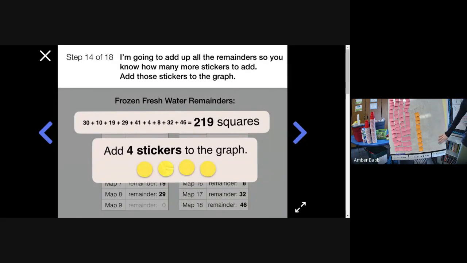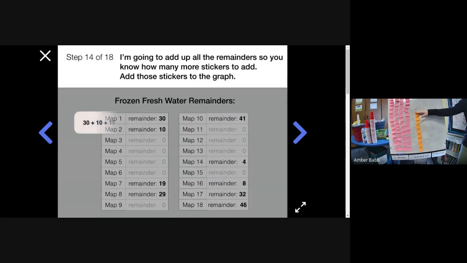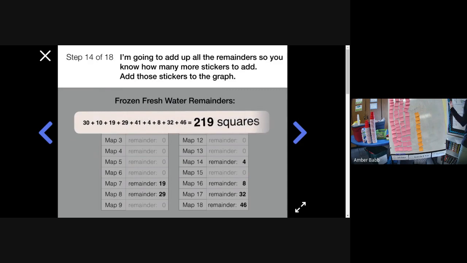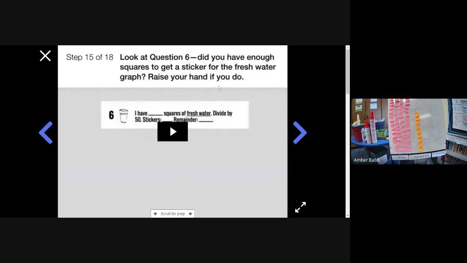So how many stickers do you think we're going to end up with over here total? Probably about 8 or 9. I have none. There's only 9 on frozen freshwater. So do you think it's going to be even to frozen freshwater or less than frozen freshwater? Less.